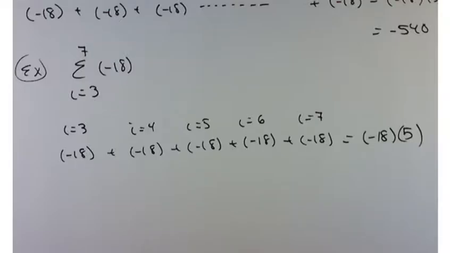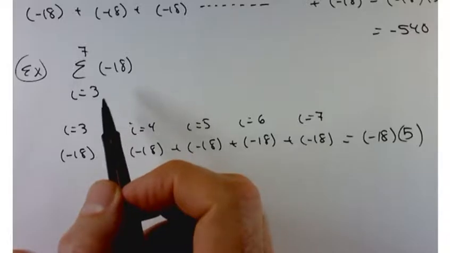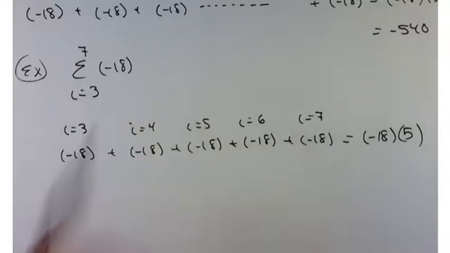How many terms are there going to be in a series like this in general? Plus 1. There you go. So the upper limit minus the lower limit plus 1 will tell you how many terms there are.